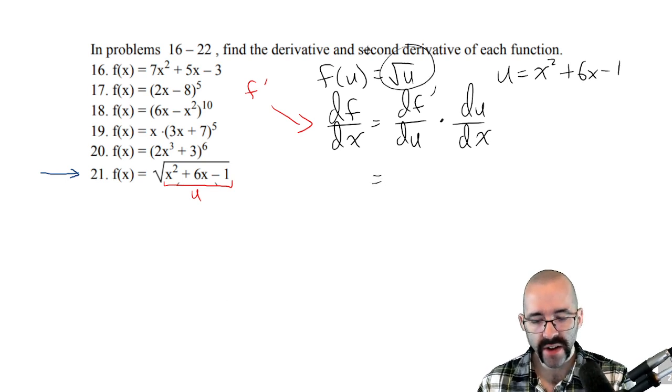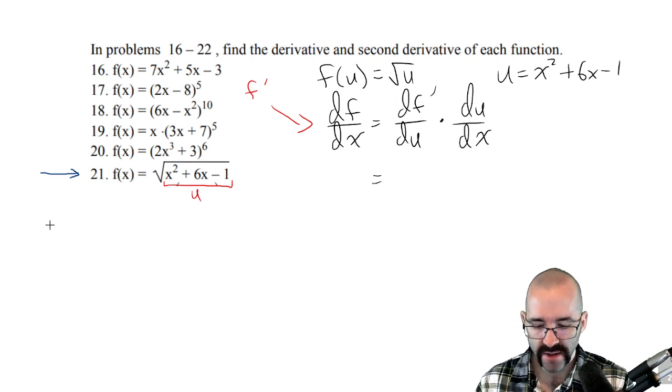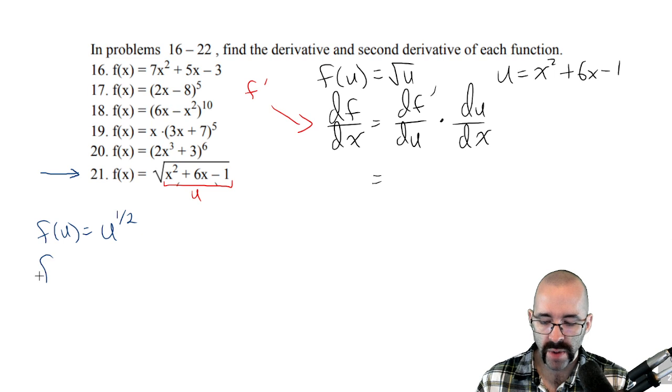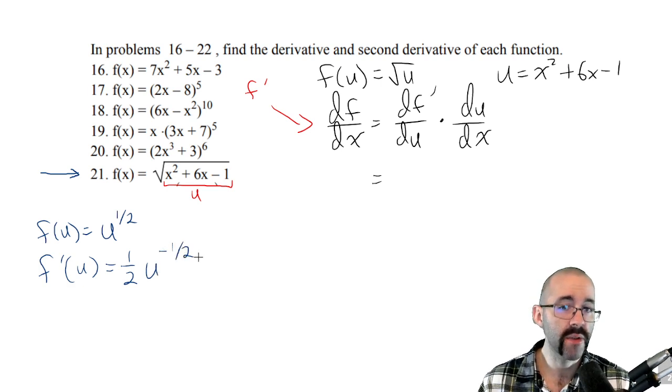So the derivative of this function, how did we do that? Well, let's go off to the side. Remember, the square root of u can be written as a fractional exponent. So we can just use the power rule when we're taking the derivative. Bring down the exponent and subtract 1 from the exponent.